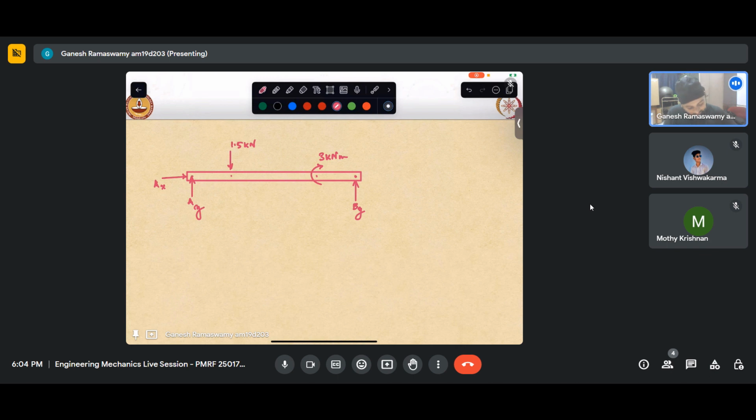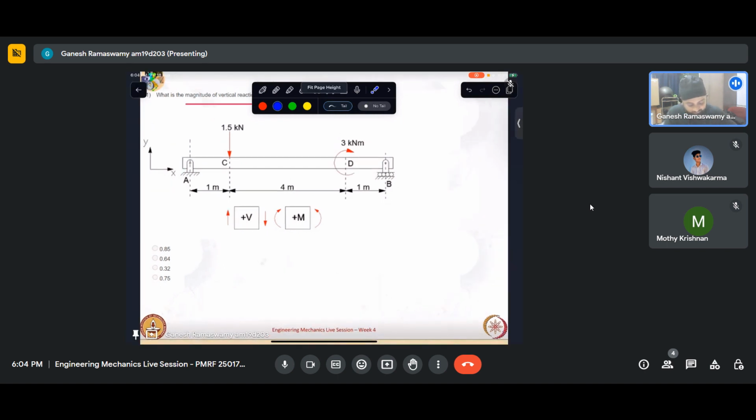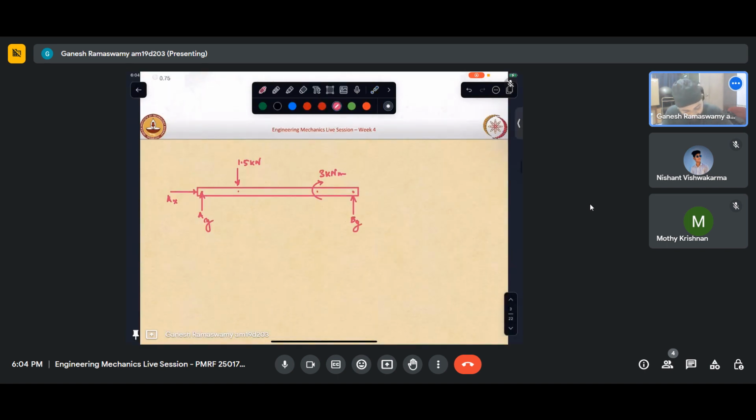Thank you. Now we know that this beam is in equilibrium, and we have the beam in the XY plane. Say this is X and this is Y. We have the complete free body diagram of the beam, so now I can apply the equilibrium equations.